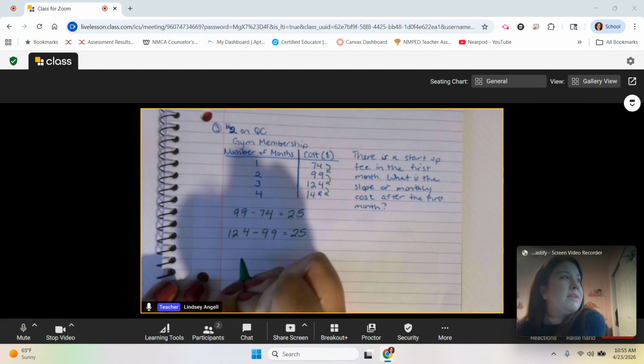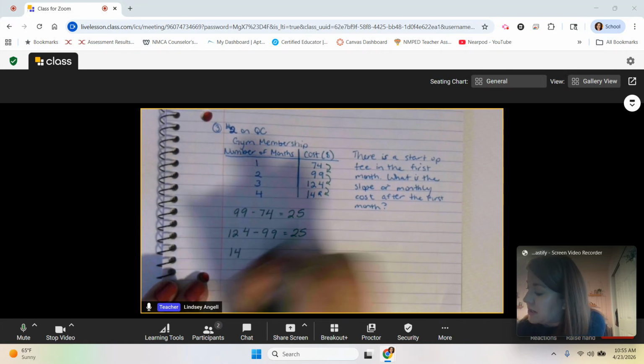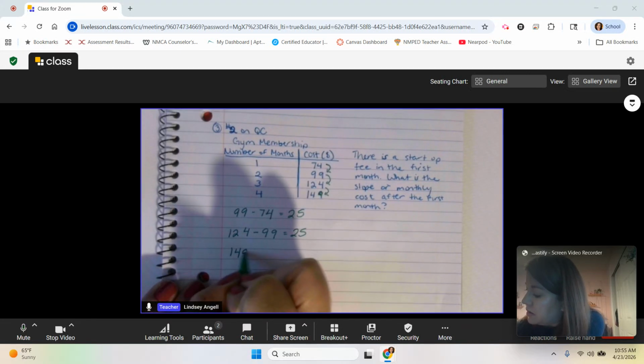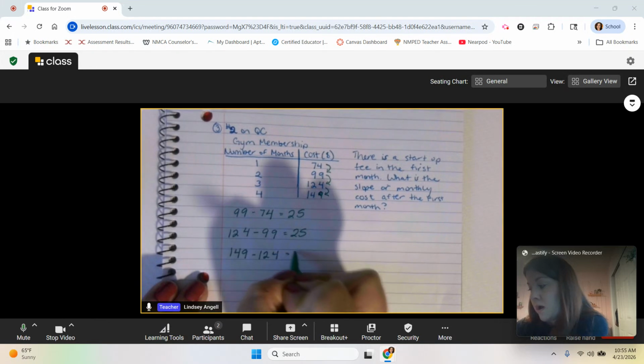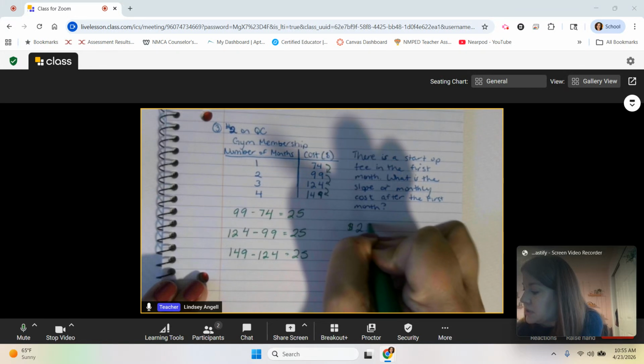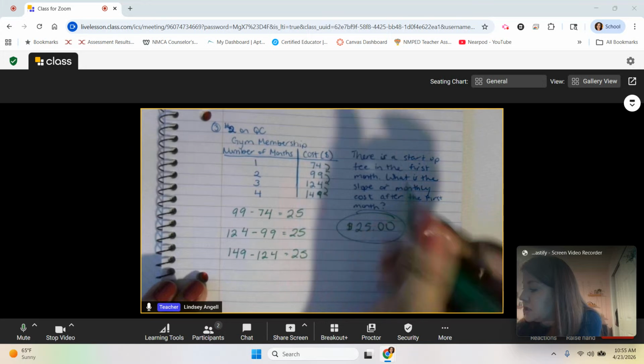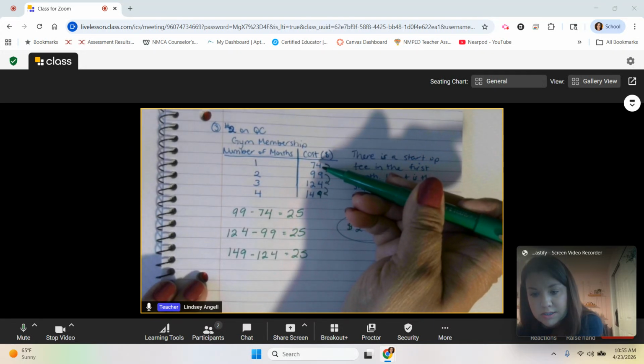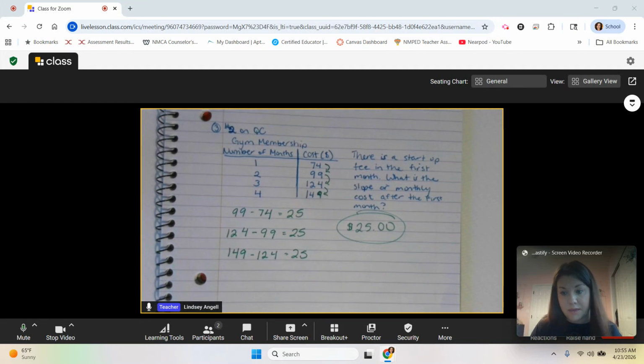And then, believe it or not, that says 149. That's a terrible 9 up here. Minus 124 is also 25. So the monthly cost would be $25. The only reason that first one is so high is because there was a startup fee.